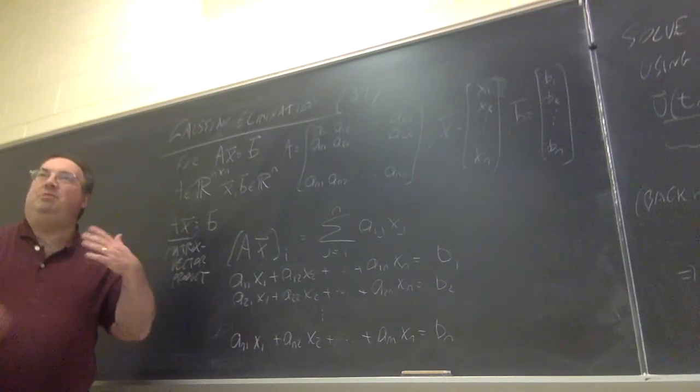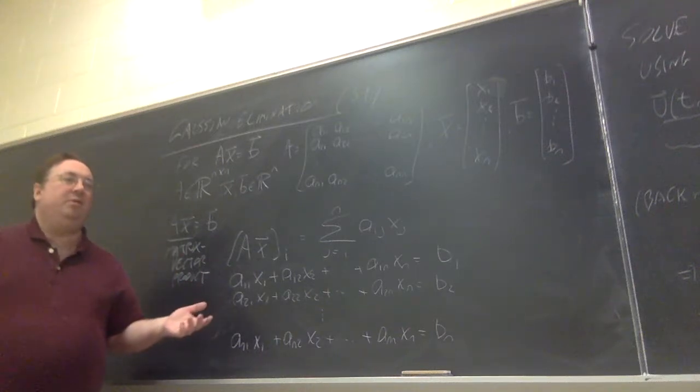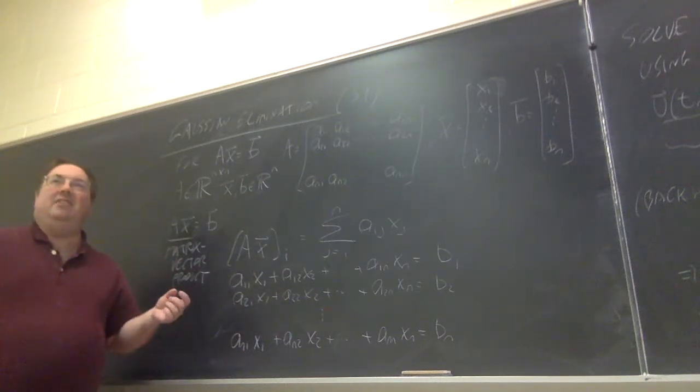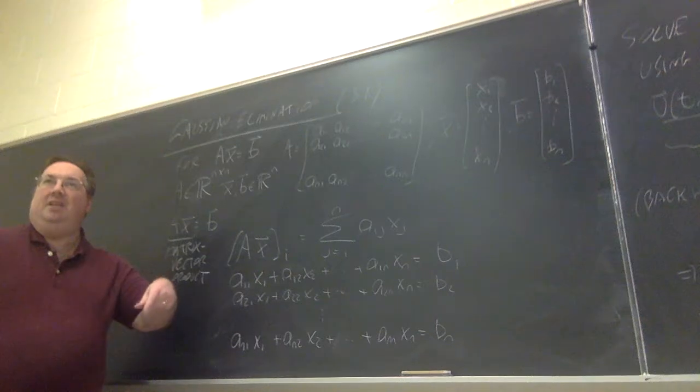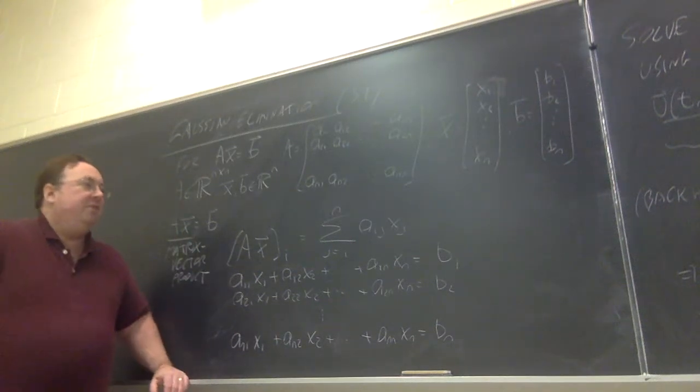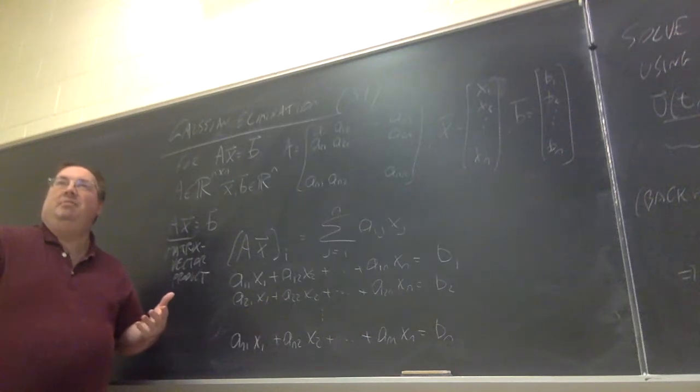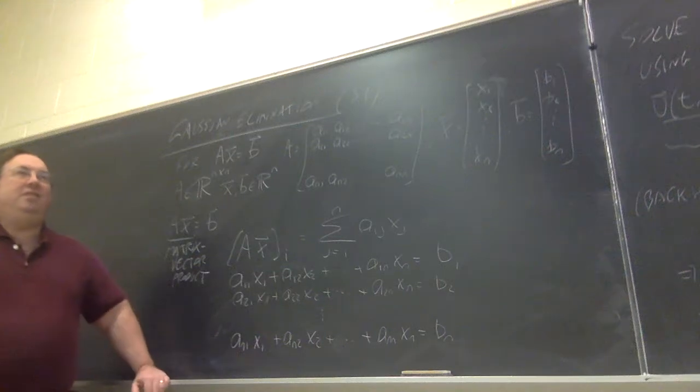And you keep doing that until you get down to one variable, solve for that easily, and then substitute back and get all the unknowns. So that's the general idea here. And that is the kind of process that I will describe. But again, it's got to be something that is systematic enough that you could tell a computer how to do it.